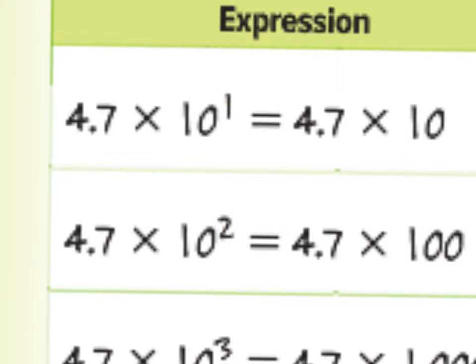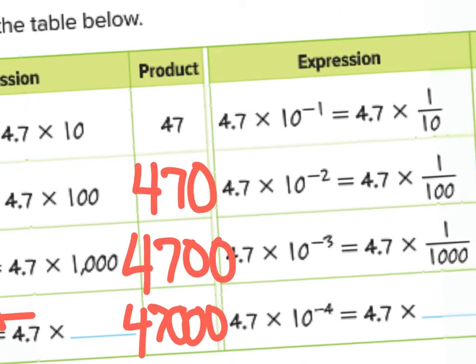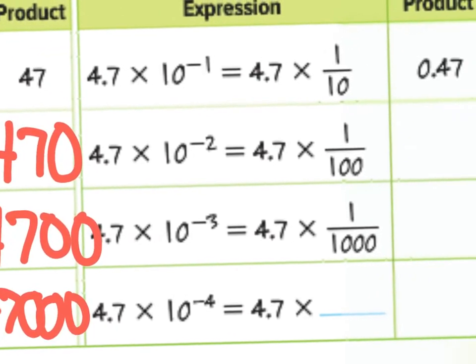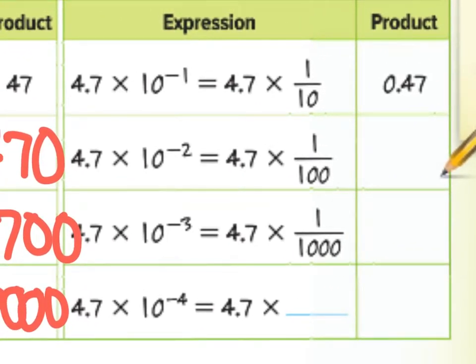But what if we have a negative exponent? Look over here. We have 4.7 times 10 to the power of negative 1. Now that you've seen negative exponents in the previous lesson, you know that the decimal is not going to move to the right. It's going to move to the left, right?